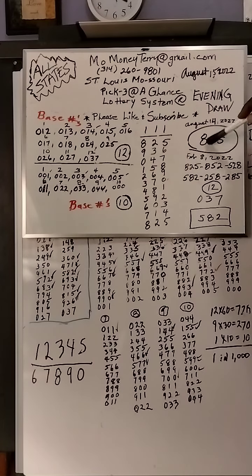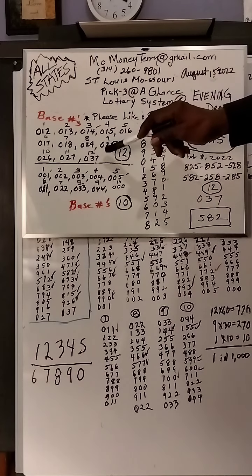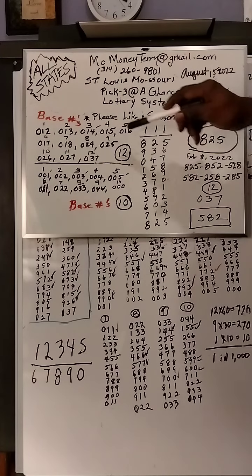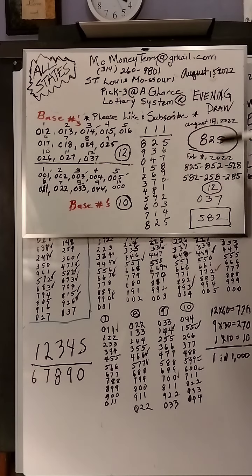All right? Now, we're looking for the 825 and what column it would be under. And I know it's going to be on column 12. Column 12 is 037. But when you go to column 12 and 037, the 852 will change orders to 582. It's the same number, but by the base number at the top being different, it's going to change the number to 582.